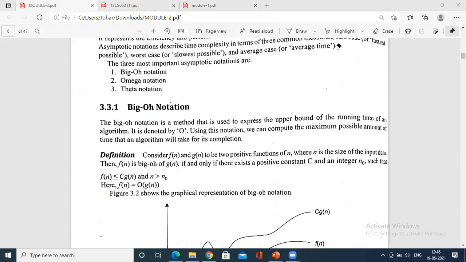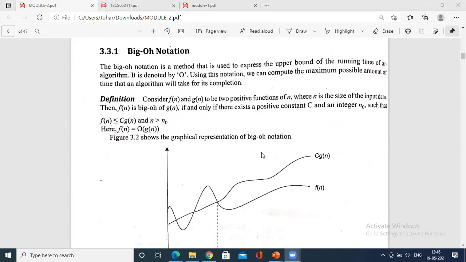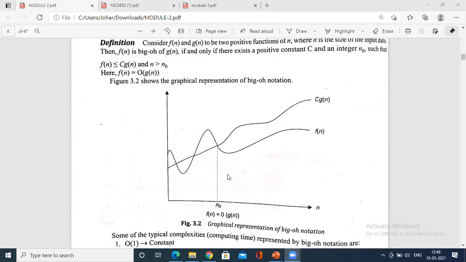Graphically, if you want to analyze what is upper bound, we have two functions, f of n and c of g of n, where c is a constant. F of n is a function, c multiplied by g of n is also a function. We are going to represent these along the x-axis and y-axis.